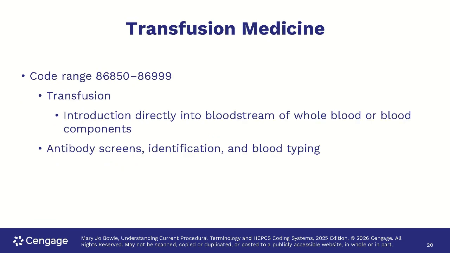All right, next up, you have transfusion medicine. And transfusion is the direct introduction of whole blood or blood components into the blood stream. Over here, you're going to see codes that include codes for antibody screens, antibody identification, and blood typing.